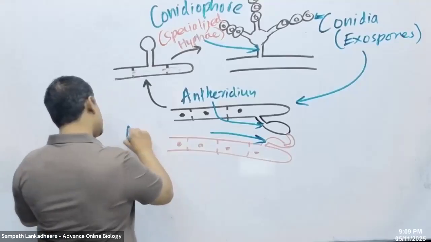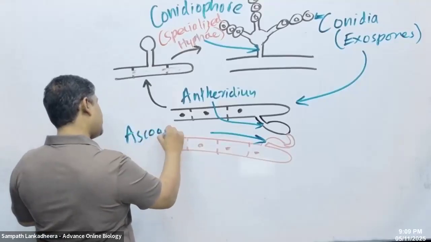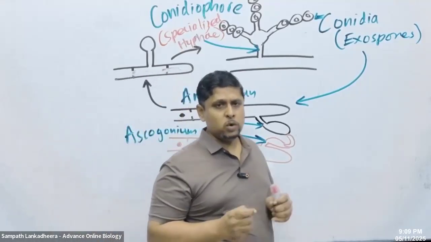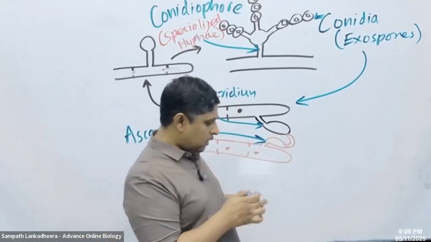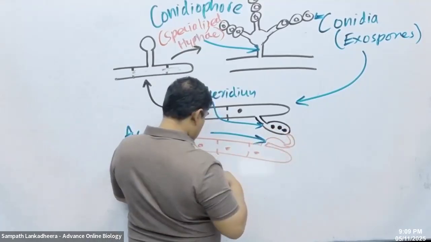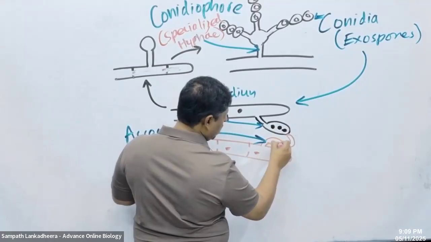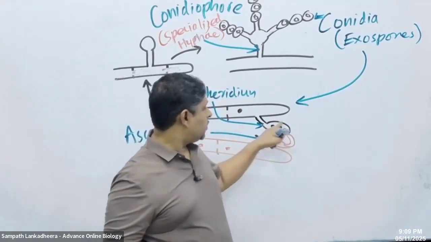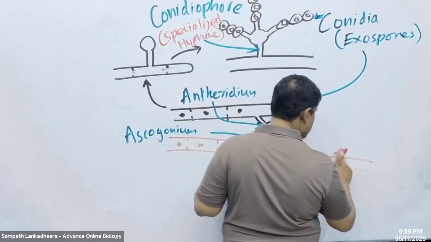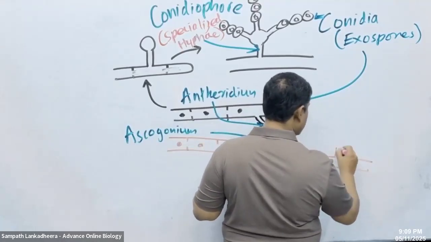What do we call the other one? Ascogonium. Into the ascogonium, the nuclei are going to move. Next, some special events occur in the ascogonium.